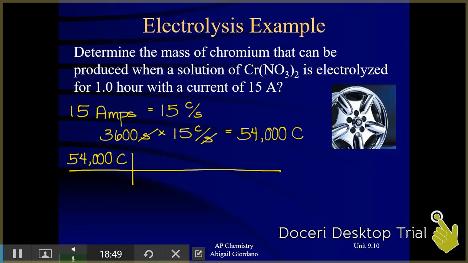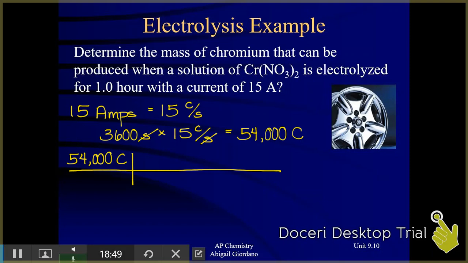If you look, ladies and gentlemen, on your equation sheet where you are given Faraday's constant, you don't have to memorize it, it's there. Look not just at the number, but look at the units. Faraday's constant has units of coulombs per mole of electrons.